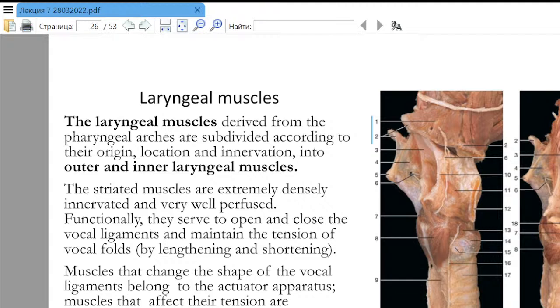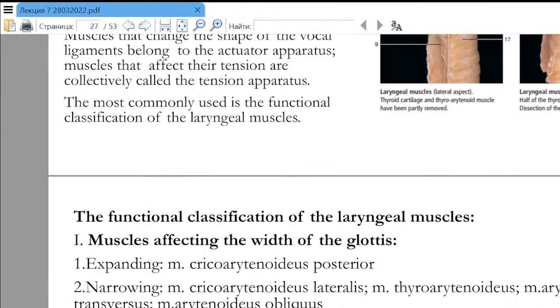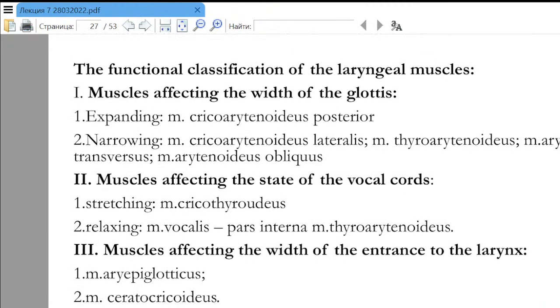The most commonly used is the functional classification of the laryngeal muscles. First group, muscles affecting the width of the glottis. Expanding: musculus cricoarytenoideus posterior.